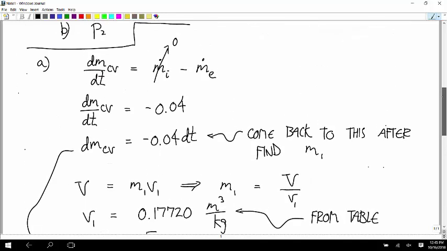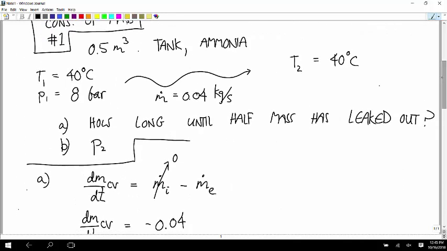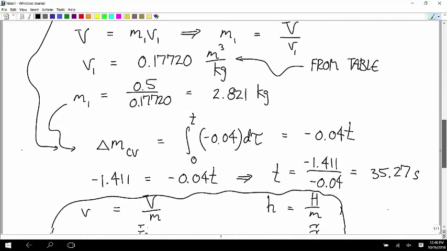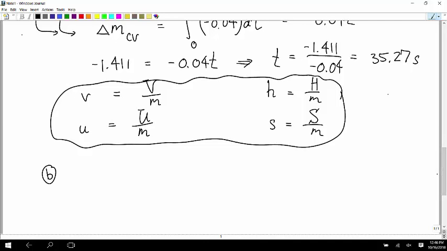We know the temperature. We know the mass. So what we can do now, we might have to interpolate, but what we can do now is we know the total volume is still 0.5 because the tank is the same. So that's the total volume.